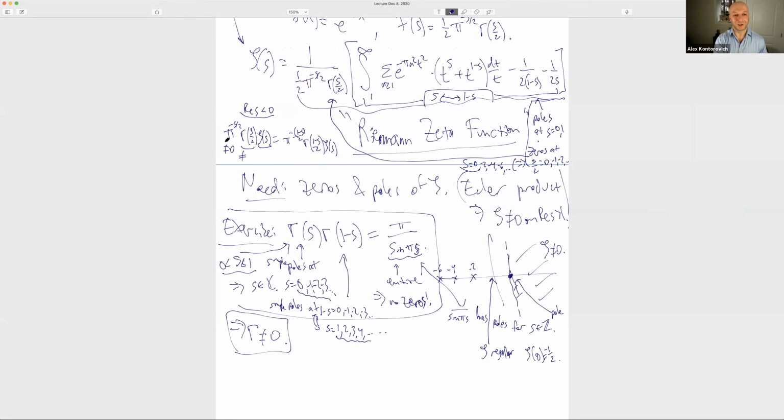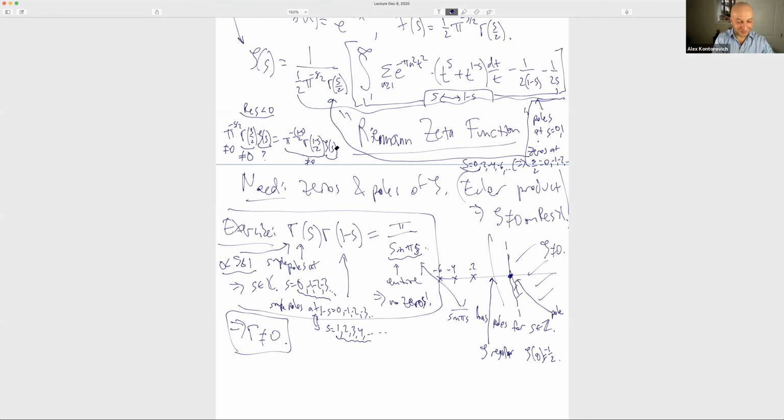It's an exponential, e to the minus s over 2 log pi. This, we already know, is never 0. So the question is, where is this 0? And let's look over here. This, again, is never 0. And this, what do we know about this?